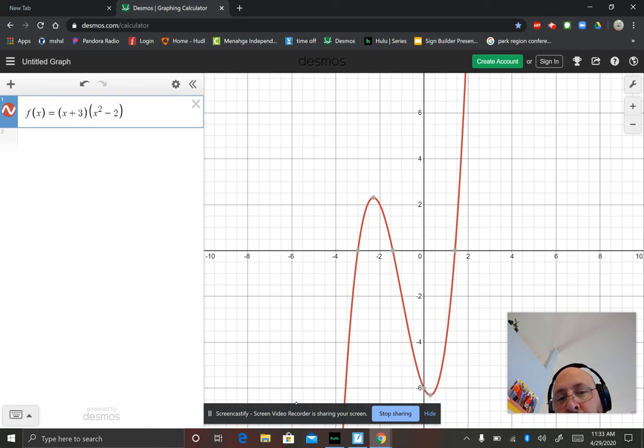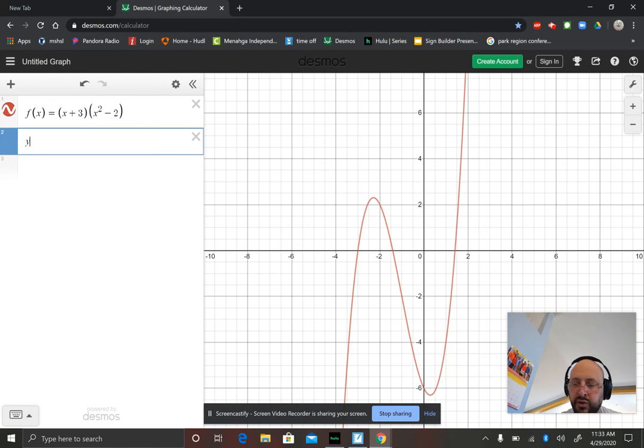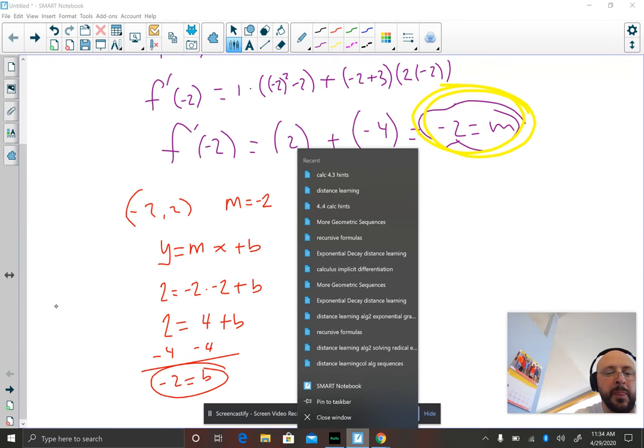If I were to draw a tangent line right through there, it would seem reasonable that, first of all, the slope is negative, and also that the y-intercept is -2, et cetera. So now I'm going to just confirm that y equals -2x minus 2 seems reasonable for a tangent line. So, in fact, that is the equation of the tangent line.